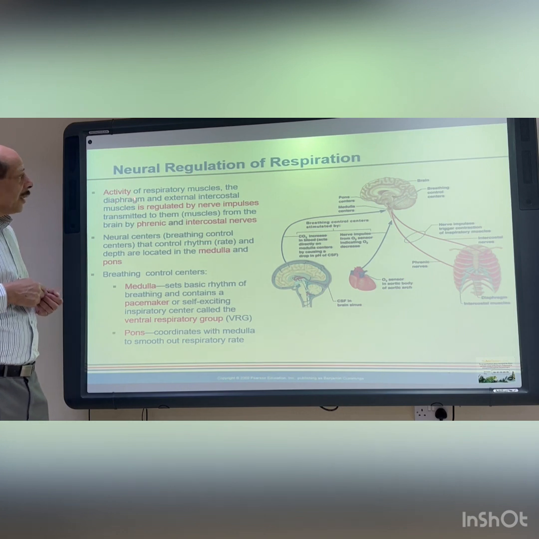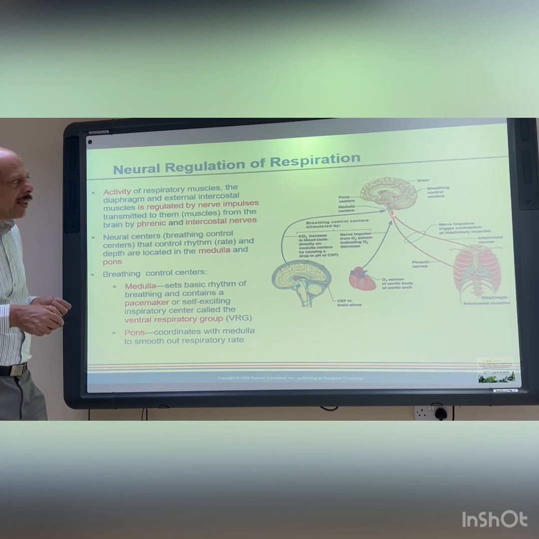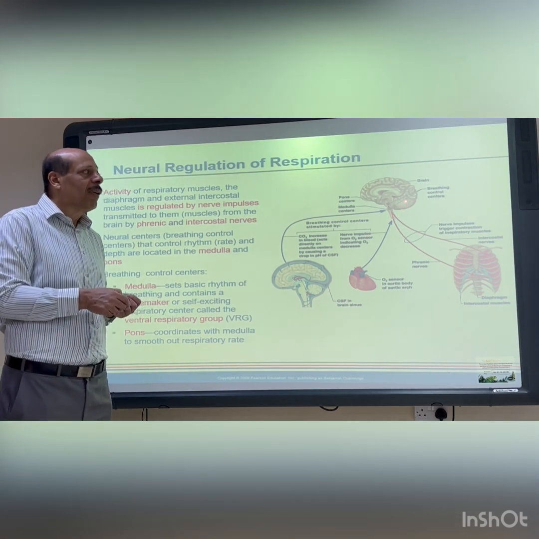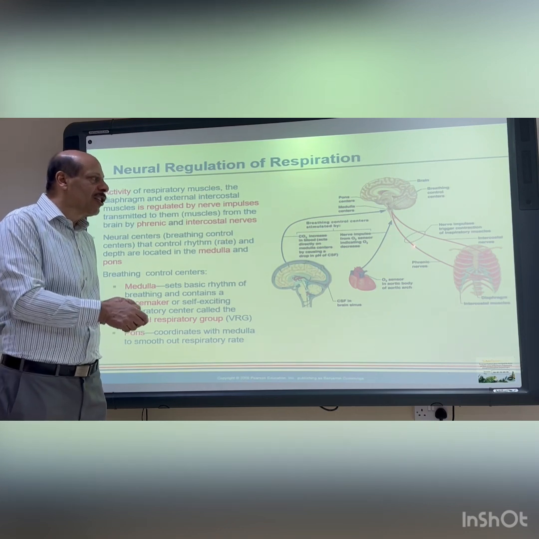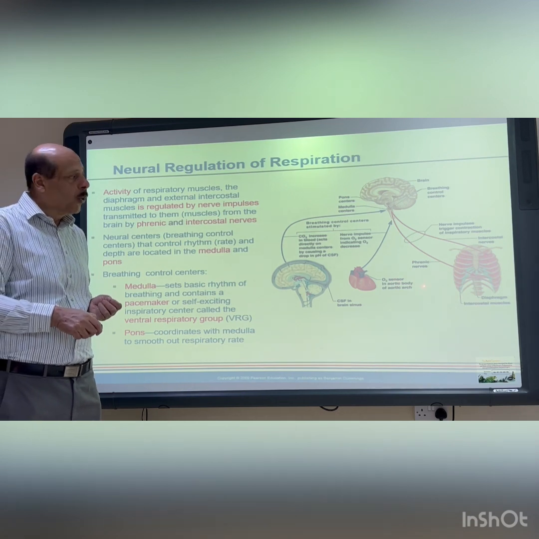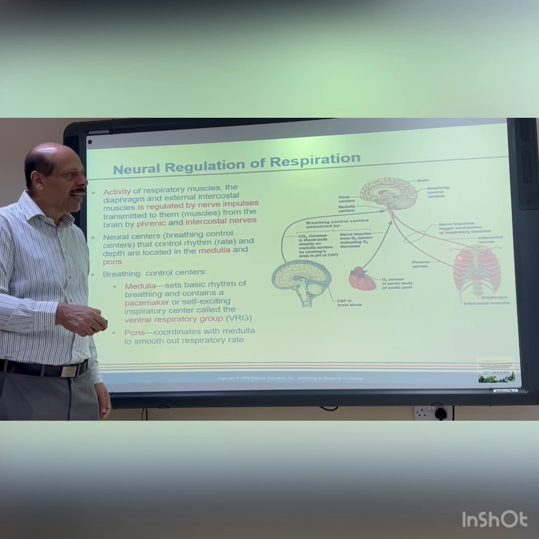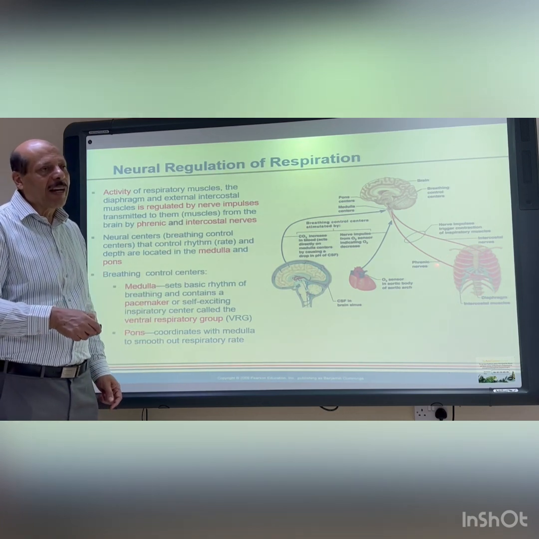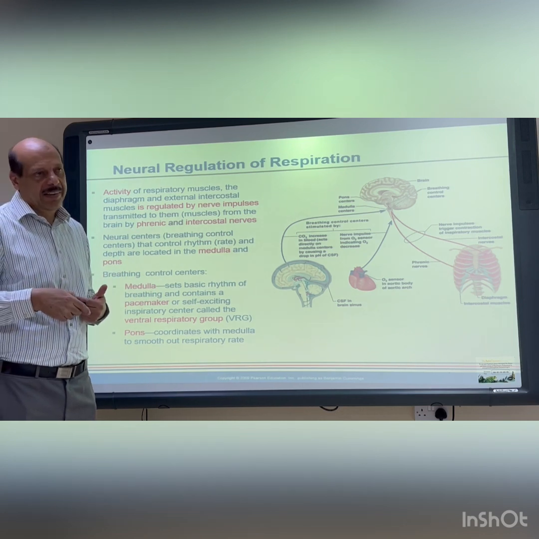But how does that happen? What will lead to the stimulation of the breathing center, which then sends the message through the phrenic nerve and the intercostal nerve to increase contractility and the number of contractions in order to increase the breathing rate?